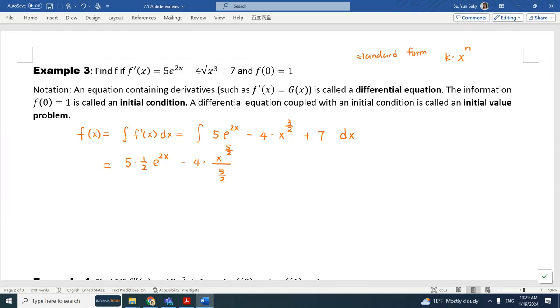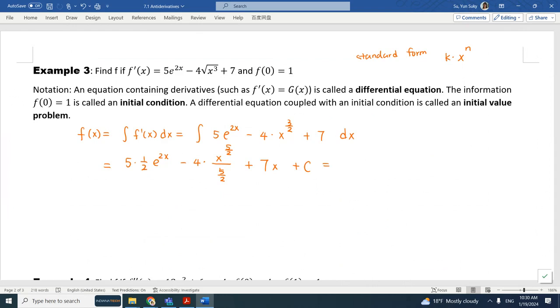Good. How about 7? What's the integral of 7? 7x. Right, everybody? When you integrate a constant term, you increase the power by 1, so you get a linear term, x. And once you finish, plus c. Let's simplify the coefficients.